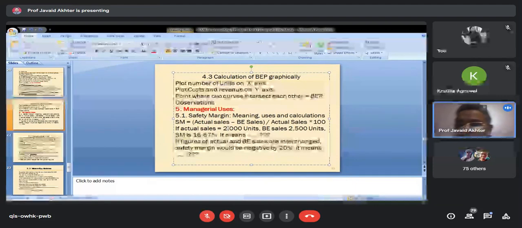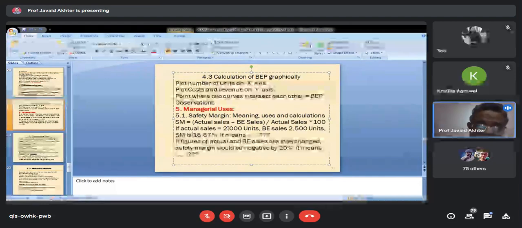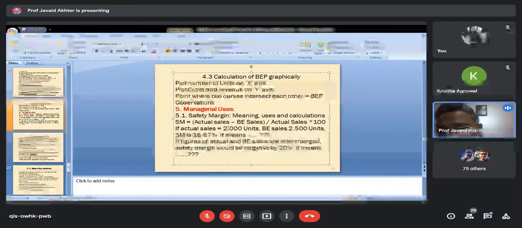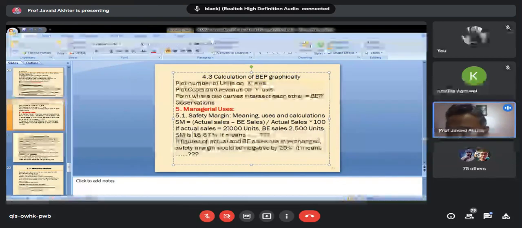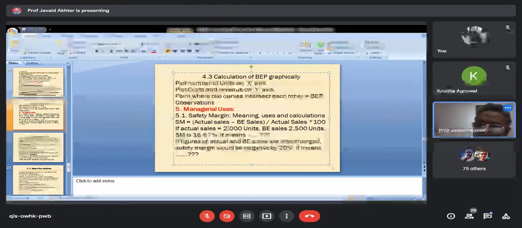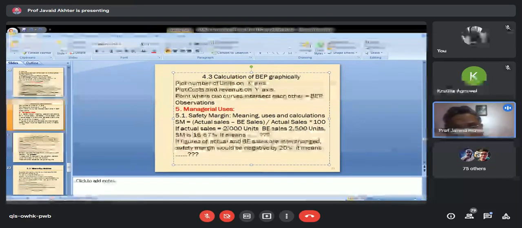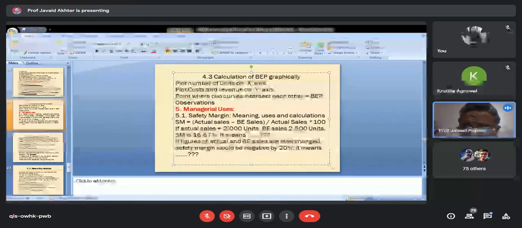Yes, sir. Can somebody take up the responsibility of drawing a good chart, not taking from the net, assuming the data that we have seen? Take break even of 2,500 and draw the safety margin at 1,500, 2,000, 3,000 and 3,500. So you will draw safety margin at 5 places: 1,500 units, 2,000, 2,500, 3,000, and 3,500.